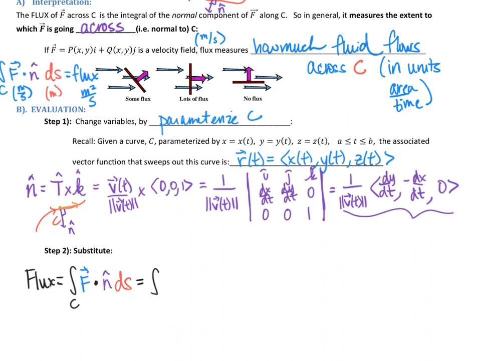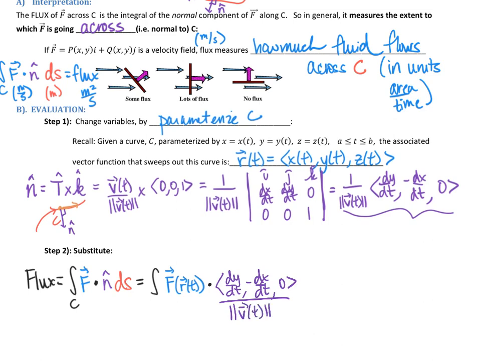So I'm going to rewrite F here, assuming that you've now written it: F of r of t, just like we did before, dotted with n, which is given by dy dt, negative dx dt, 0 divided by the speed, and then times ds.